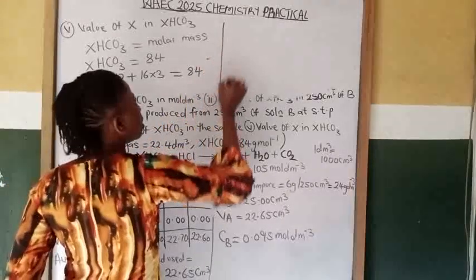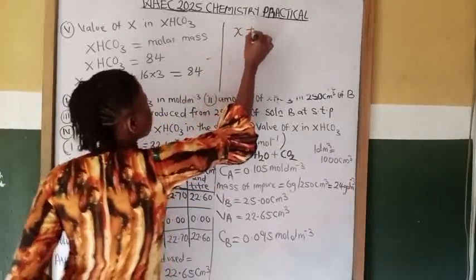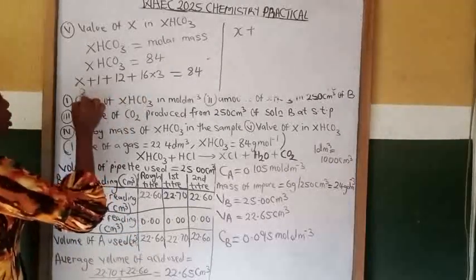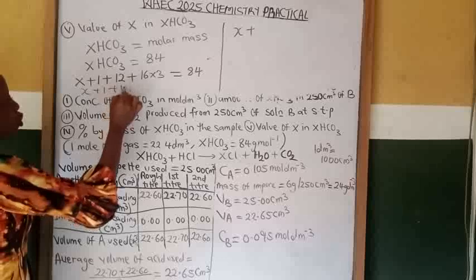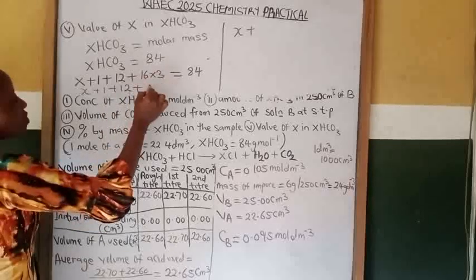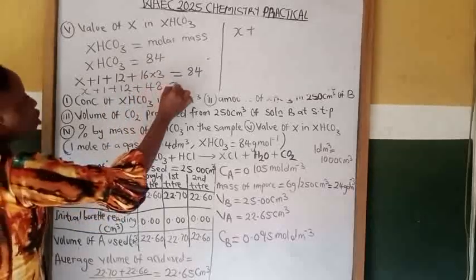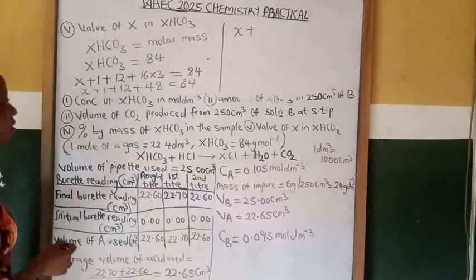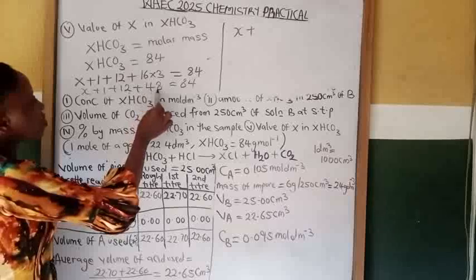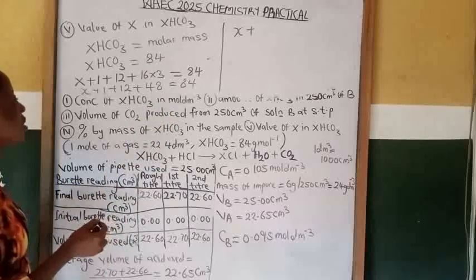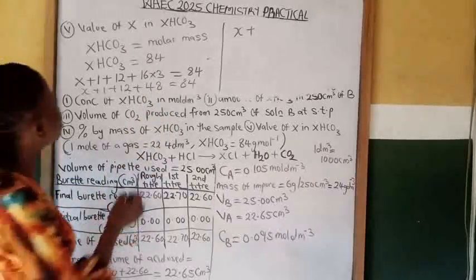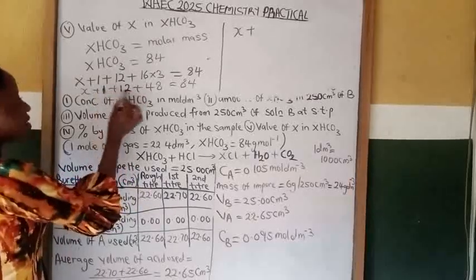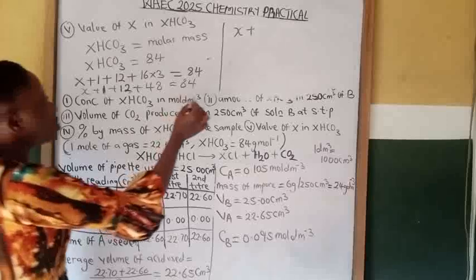So x plus 1 plus 12 plus 16 times 3, which gives me 48, equal to 84. So 1 plus 12 is 13, and 13 plus 48 will give me 61.